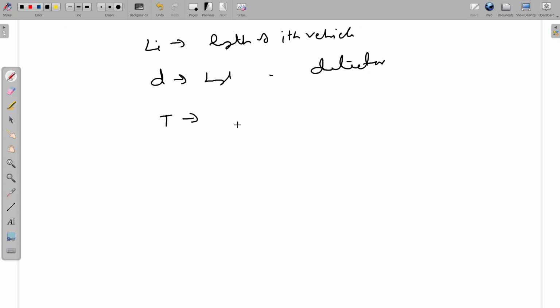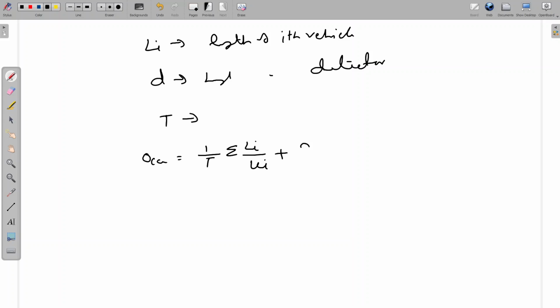So now what can I write? Let us copy the equation I have written earlier. Occupancy is equal to 1 upon T summation of Li divided by Ui, plus D divided by T summation of 1 upon Ui.